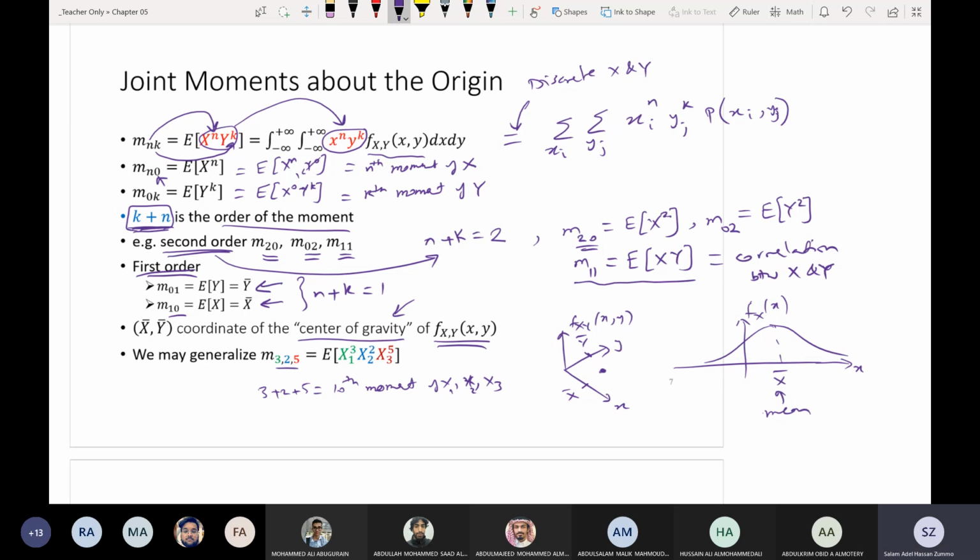And this is simply E of x1 to the power 3, x2 to the power 2, and x3 to the power 5. Is that clear? Any question?